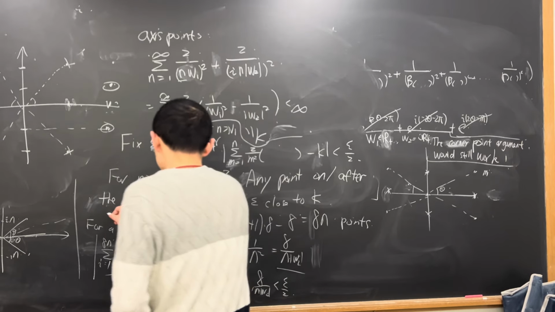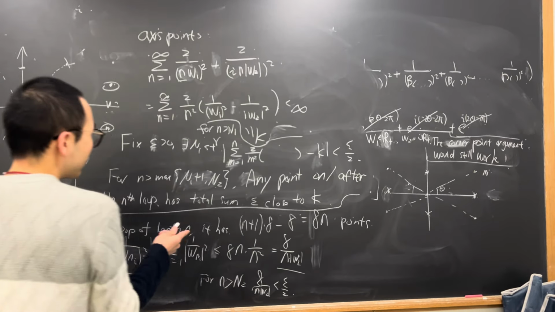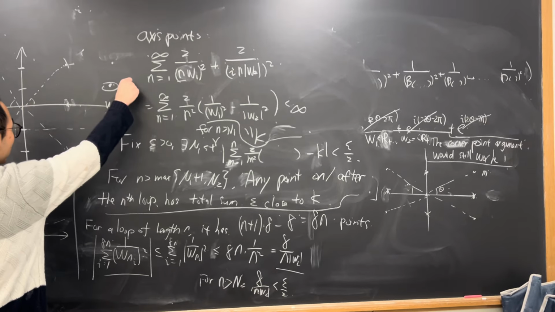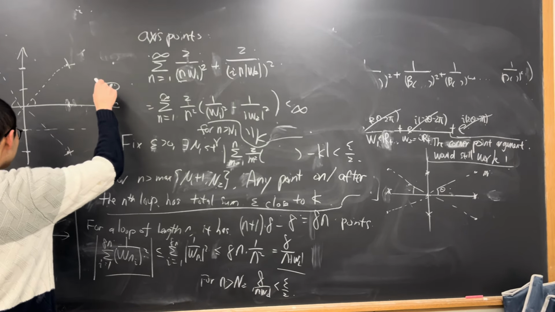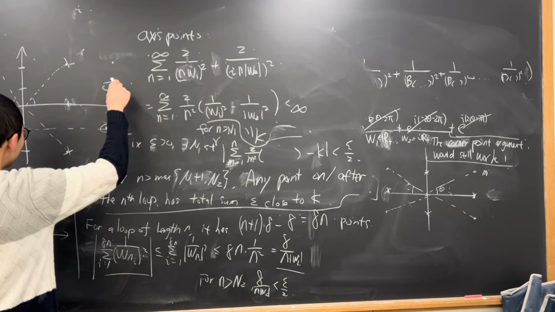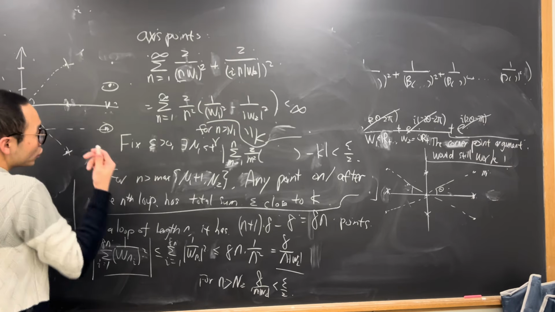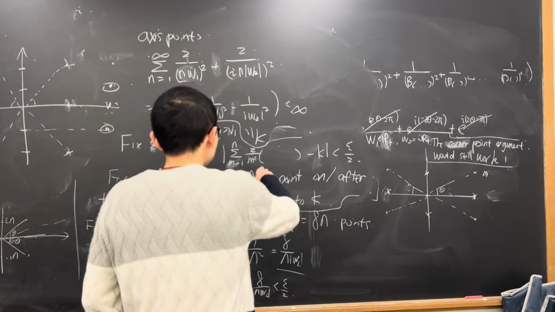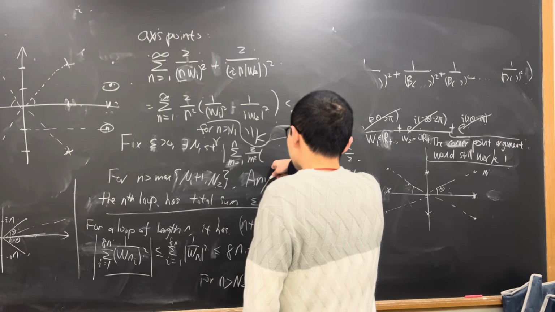Okay, so why? Because for any point after the nth loop, it's either on the nth loop or on some larger loop, right? So from a larger loop, we can break into two cases. The sum consists of two parts.